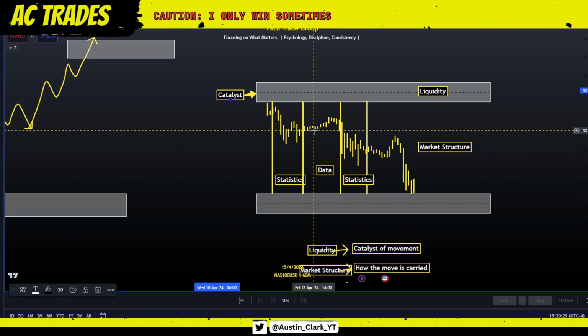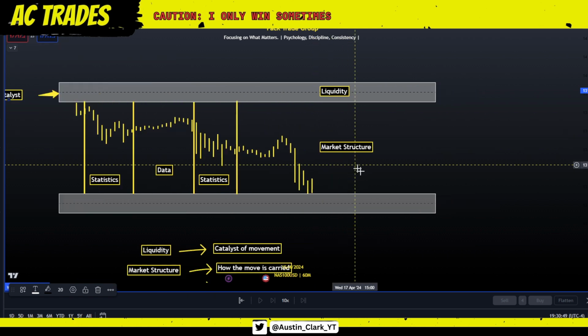So why do I need to waste a single ounce of brain power on anything higher than the hourly time frame? I need to know how an hourly candle is going to move. I need to master that jab 1,000 times versus learn 1,000 different jabs. You guys have heard that probably a million times before.